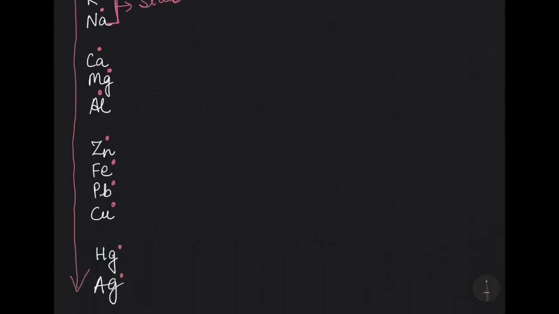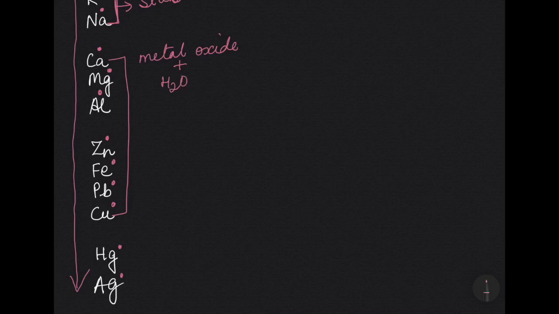Now moving on to the metals from calcium to copper, when we heat the hydroxides, they will decompose. What will they form? They will form metal oxide plus water vapor. If I write g, that is gas, it means it is water vapor.